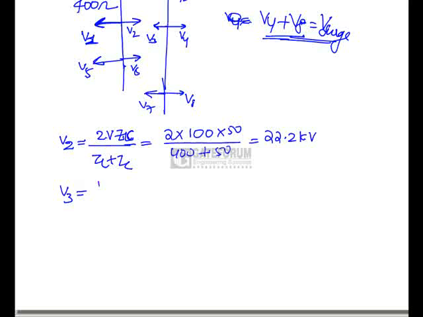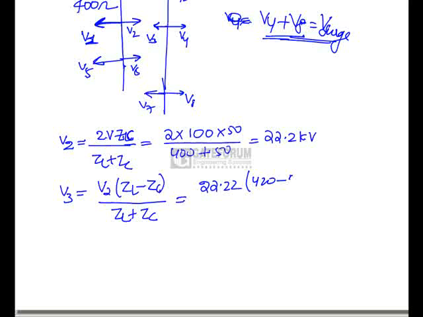Similarly, V3 is equal to V2 times ZL minus ZC divided by ZL plus ZC. This is 22.22 kilovolts into 420 minus 50 divided by 420 plus 50, and you will get 17.5 kilovolts.